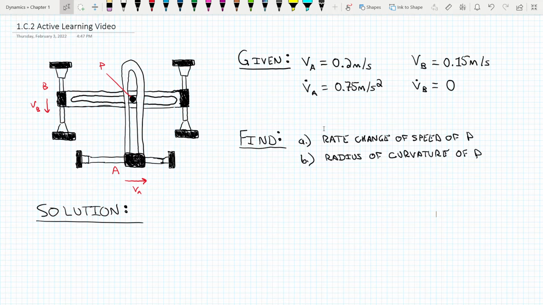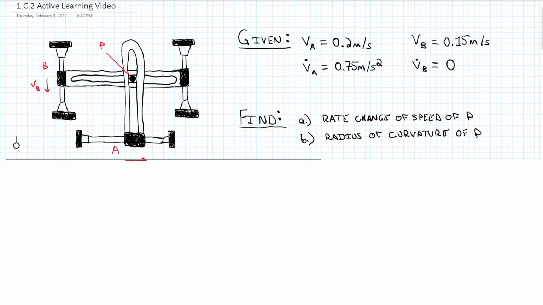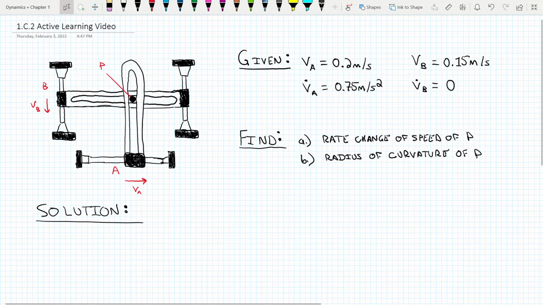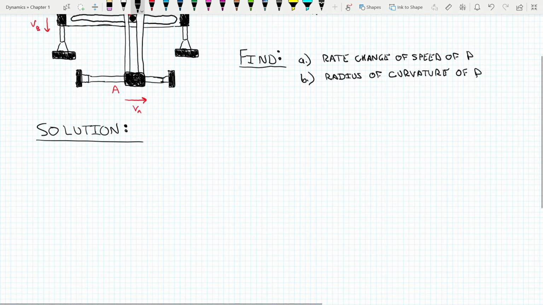And we need to find the rate change of speed of P and the radius of curvature of P. If we put down the units here, I hat, J hat, B is moving in the negative J direction, VB, and VA in the positive I direction.